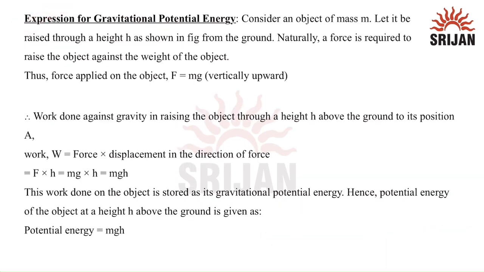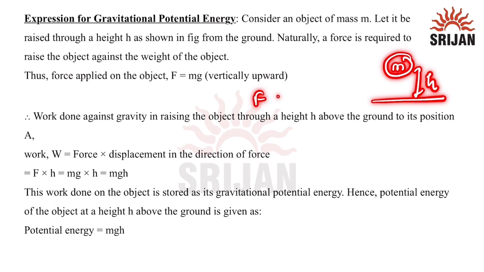Expression for gravitational potential energy. Now we consider an object of mass m and let it be raised h height above the ground, as shown in this particular figure. Naturally, a force is required to raise the object against the weight of the object, and the force applied would be equal to mg, acting in the vertically upward direction.